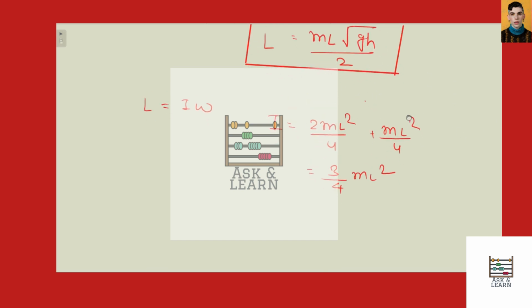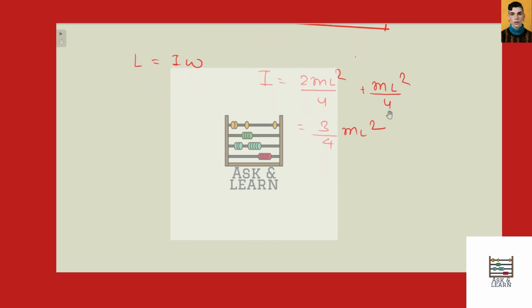So we had calculated ml under root of gh by root 2 is equal to 3 by 4 ml square times omega.